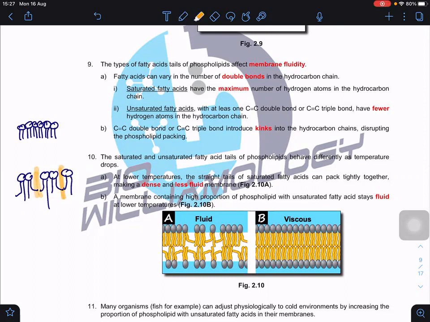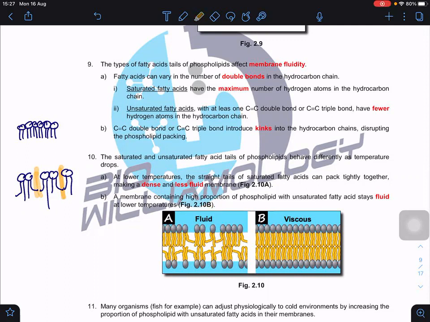Because they have the space to vibrate, when they vibrate, they create gaps for the item or particle to diffuse across. Because of this vibration, this kind of membrane we call a fluid membrane, with increased fluidity.